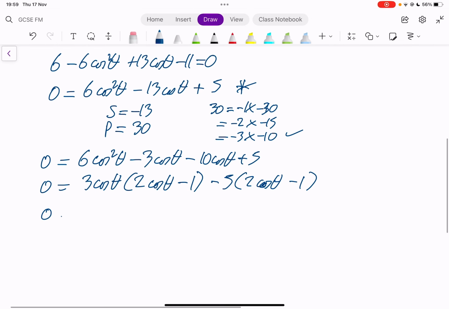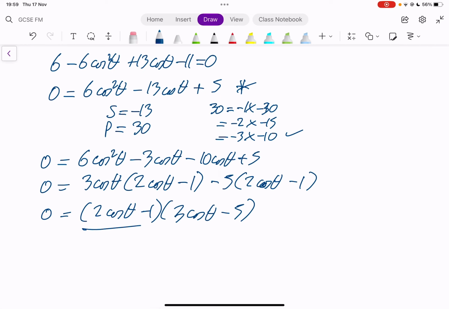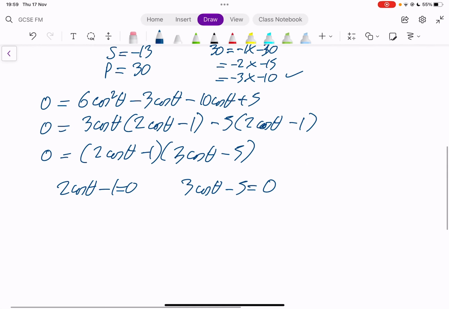So you've got your common bracket is 2 cos theta minus 1. The other one is going to be 3 cos theta minus 5, and then we're going to put this bracket equal to 0, which means 2 cos theta minus 1 equals 0, or we can put the other bracket equal to 0, which is 3 cos theta minus 5 is equal to 0. So then go ahead and solve those two equations.